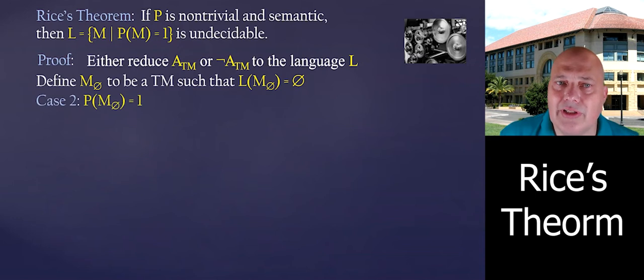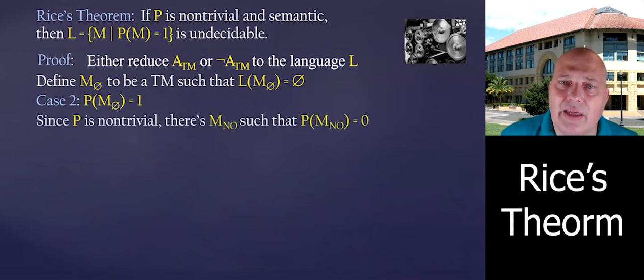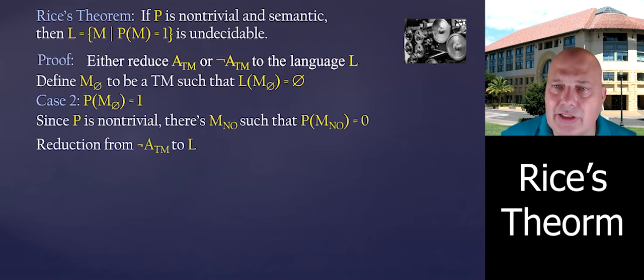Now, let's look at the other case. The other case is that the property does hold for M naught. And since this property is non-trivial, there is some M no such that the property doesn't hold for M no. And we're going to have a reduction from not A_TM to L. This is an important point.